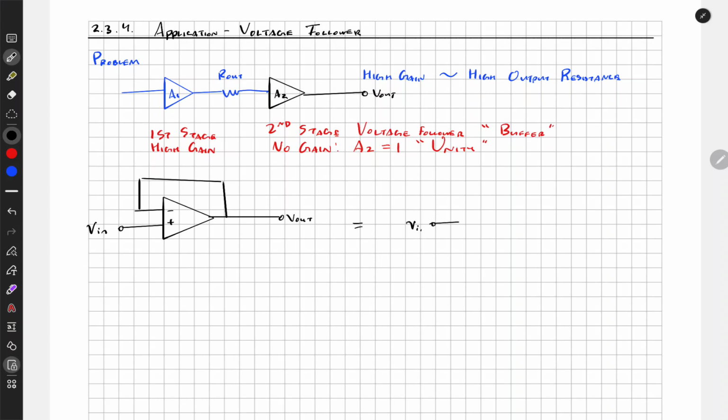You have your input here, measured in reference to what you call ground, and then you have a voltage controlled voltage source, where the equation is 1 times V in, and then you take the output up here. That means it's just V in equal to V out, right? So the gain is 1, unity gain.